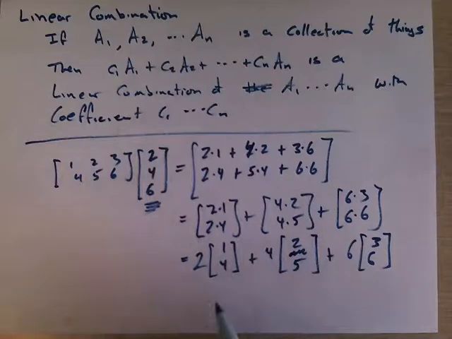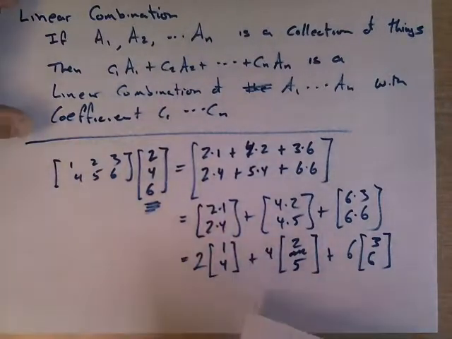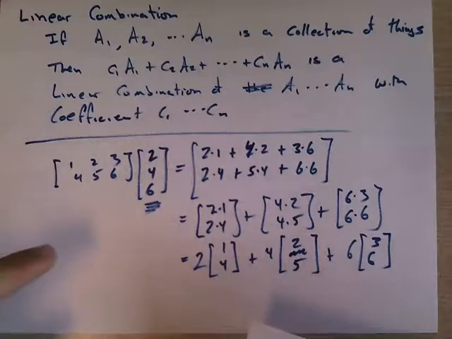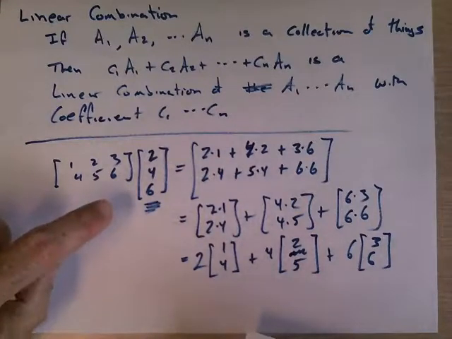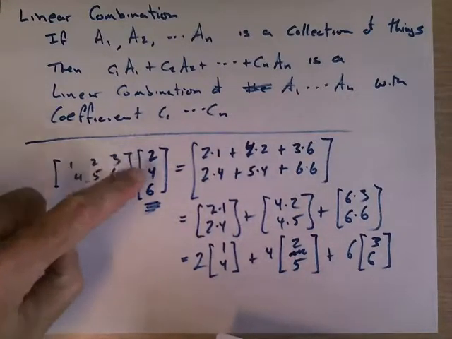Also, at that point, they're leading up to something we talked about in the last video, of our systems being linear combinations as well, where you have your coefficient matrix and your variable matrix.